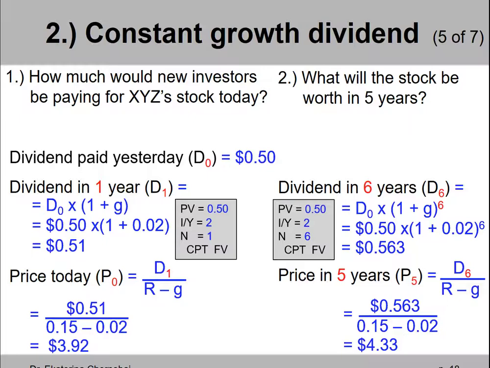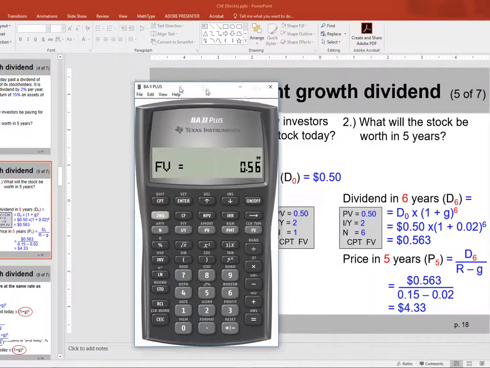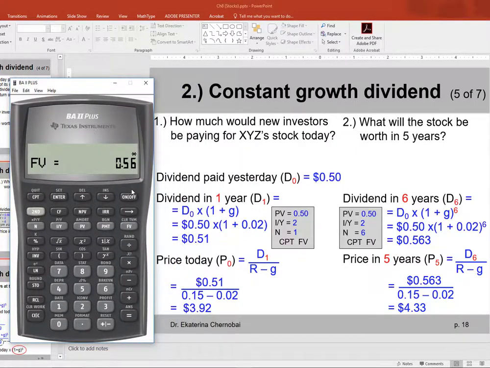Let me show you one more interesting result. By the way, notice how today's price is lower than the price in 5 years. Is it always going to be the case? Actually, yes. But before I summarize that result, let me show you something interesting in the financial calculator. Let me clear everything.